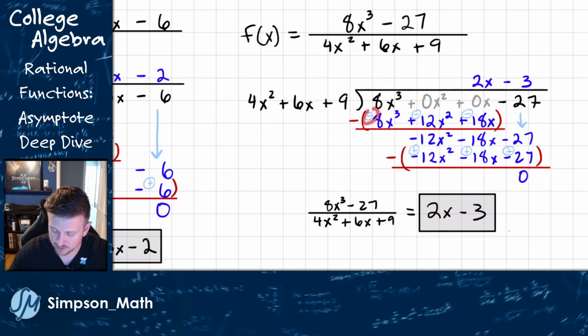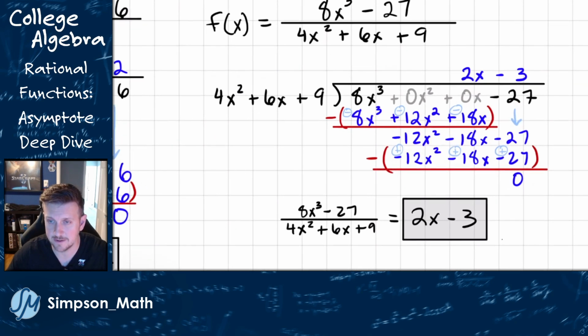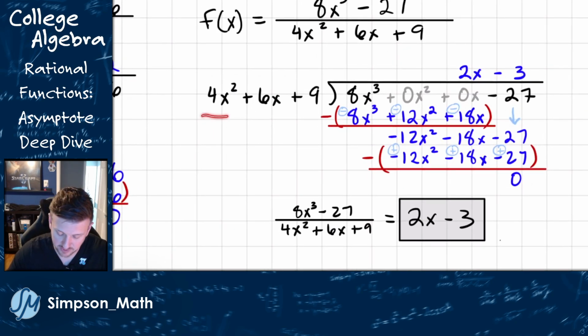Subtract everything. Again, I'm putting my little notes of my sign changes. Then add everything up, and we get a negative 12x squared minus 18x, and then drop down that negative 27 so we can maintain our 3 terms at once. Then 4x squared times what gives me a negative 12x squared? That would be a negative 3. I don't need an extra variable.